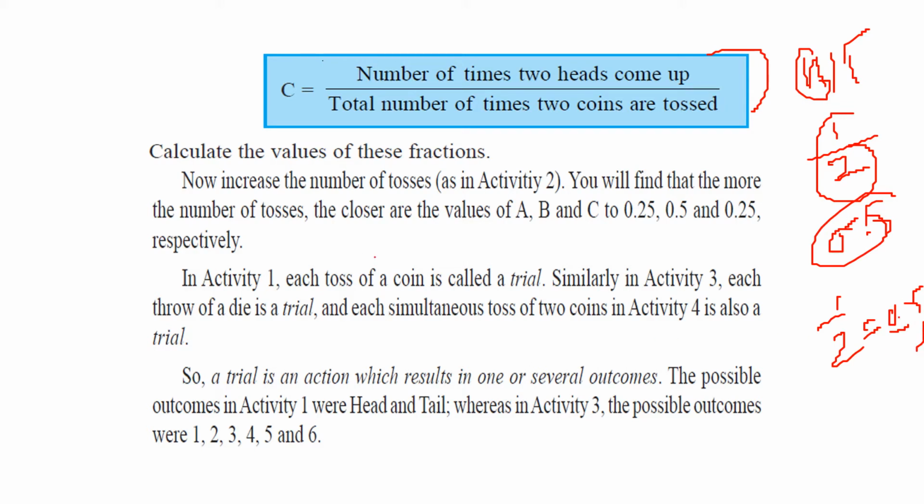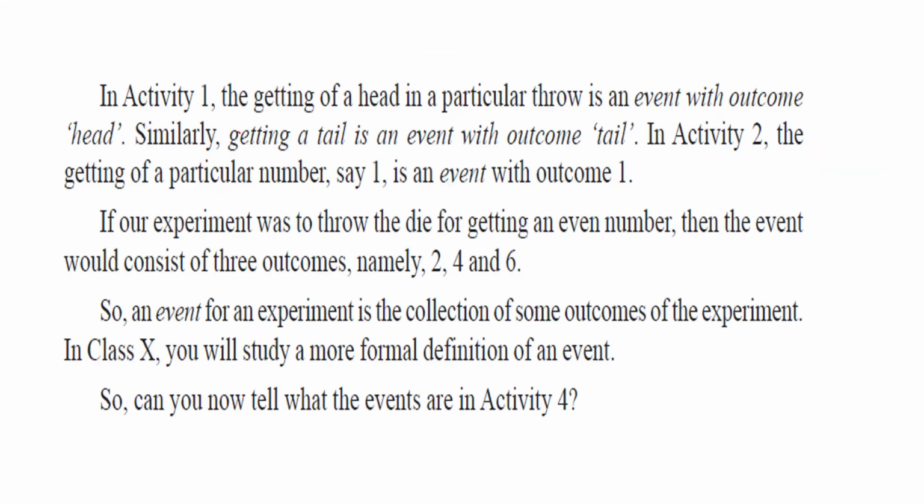So what is a trial? Tossing a coin is a trial, throwing a die is a trial, and a trial is an action which will result in one or several outcomes. The possible outcomes of tossing a coin are head and tail. In the throwing of a die, the possible outcomes are 1 to 6.